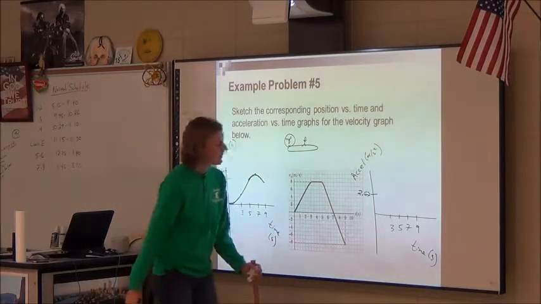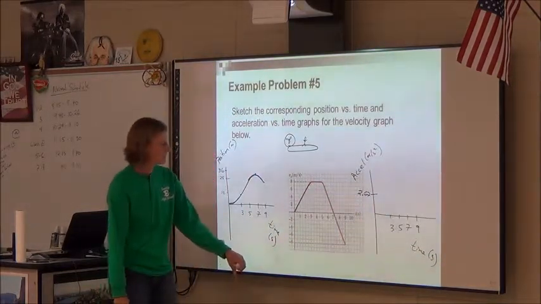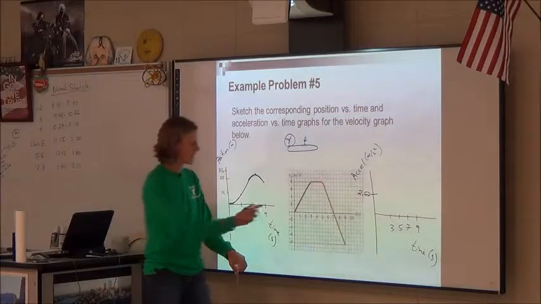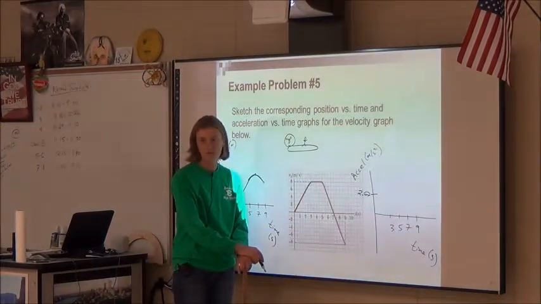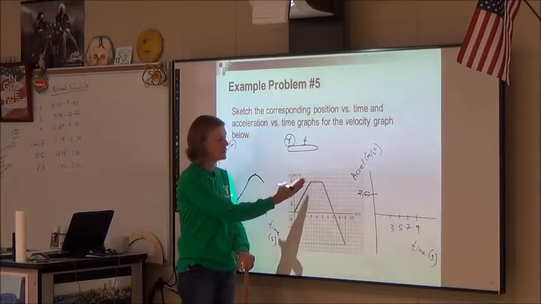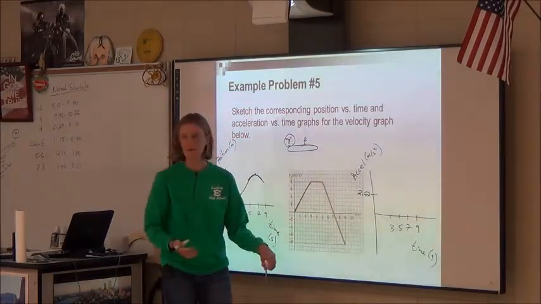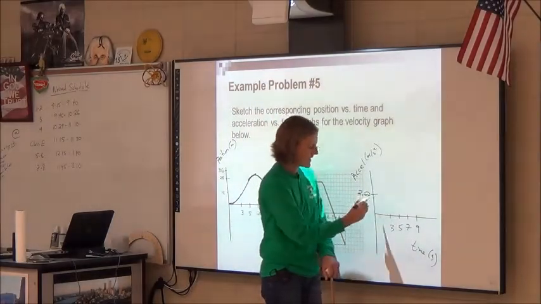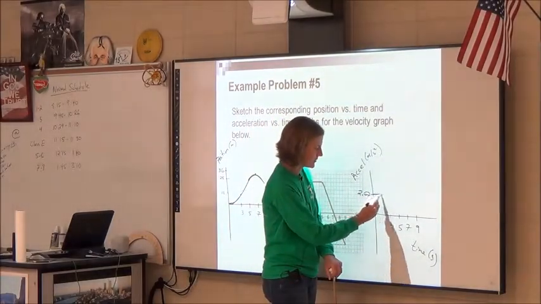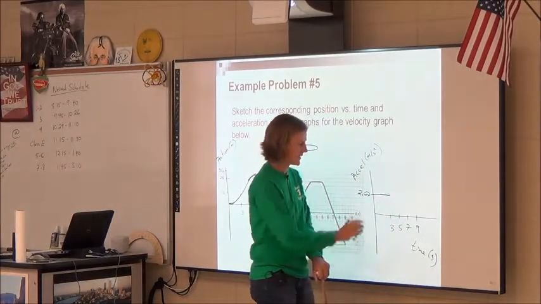Okay. Now, is that slope changing? Is this a curved line? No, it's not changing. This is a set slope, so it should be a set acceleration. So what should your acceleration graph look like? Straight, flat line. It is staying a slope of 2.67 for 3 seconds.